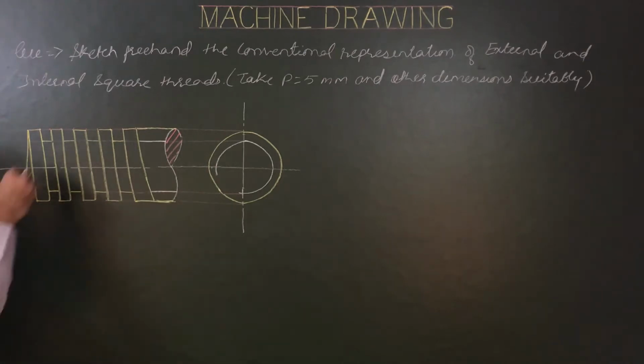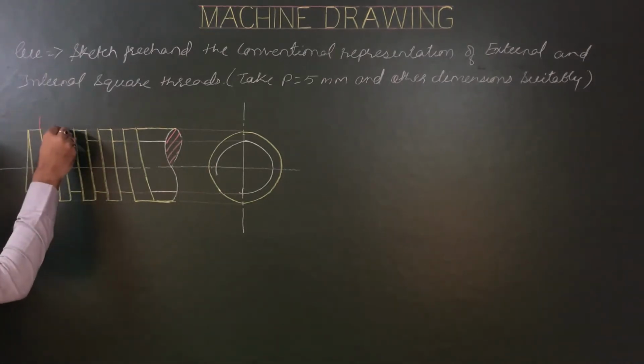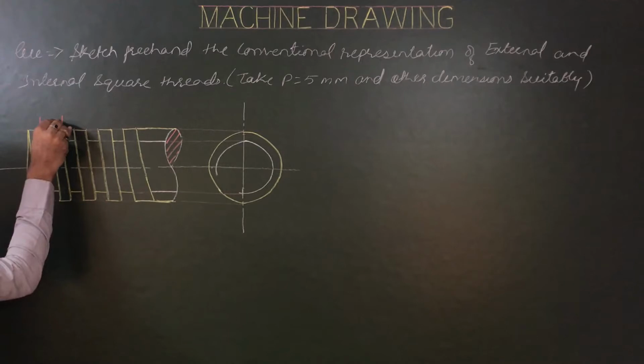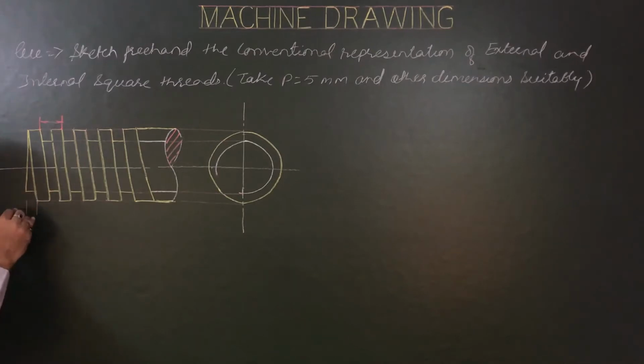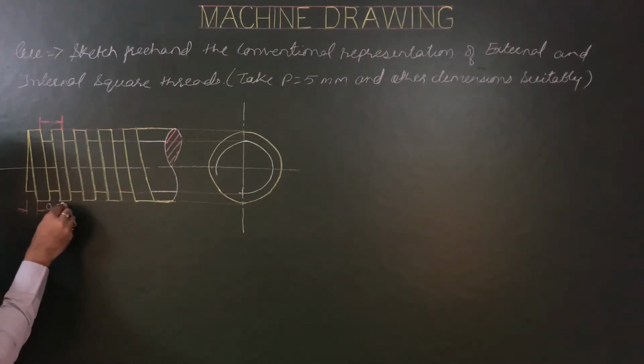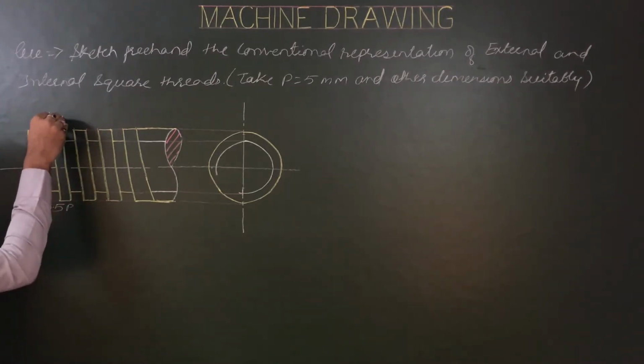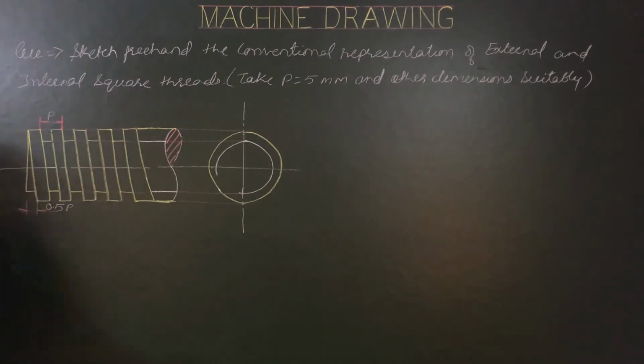Right, then for dimensioning, this is pitch, show pitch, and slope. This is the slope, or 0.5 of p, 0.5 of p, and this is your pitch.